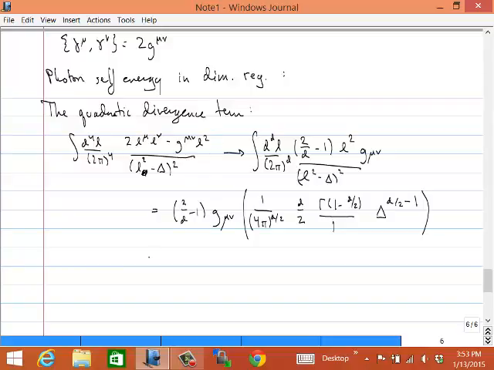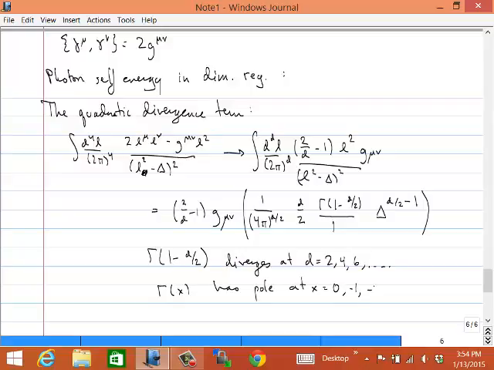The important point is that Γ(1 − d/2) diverges when d is equal to 2, 4, 6, etc., because the function Γ(x) has a simple pole at x equals 0, −1, −2, and so forth.